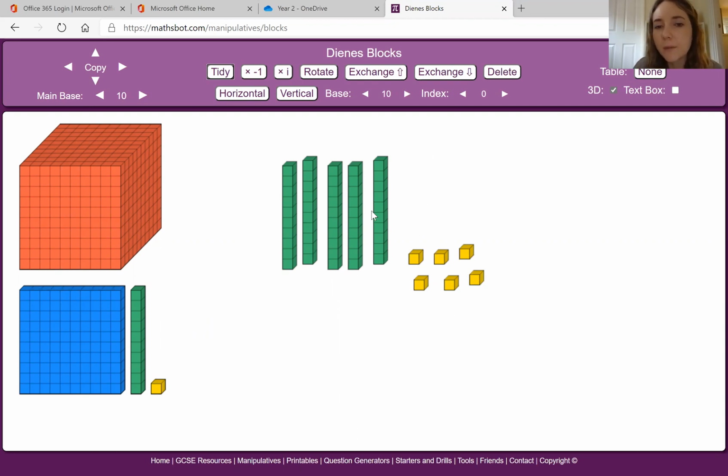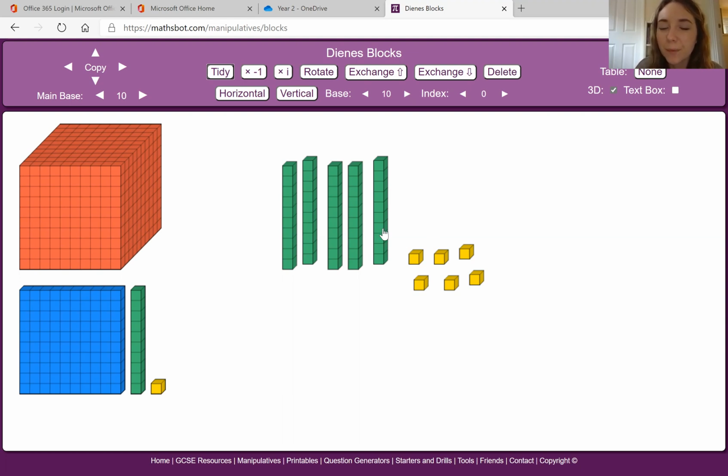Okay, so we need to take away 27. So we're going to start from our ones. We're taking away 7 ones. Have we got enough to subtract 7? No, we've only got 6. So we can't take away 7. So what do we need to do?